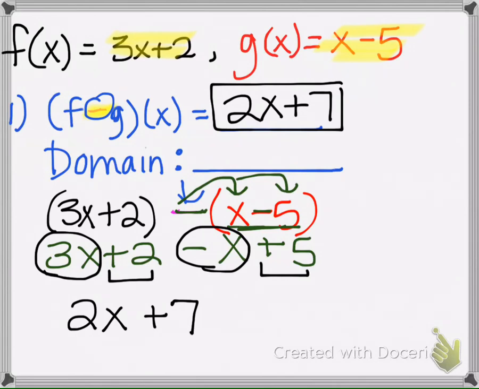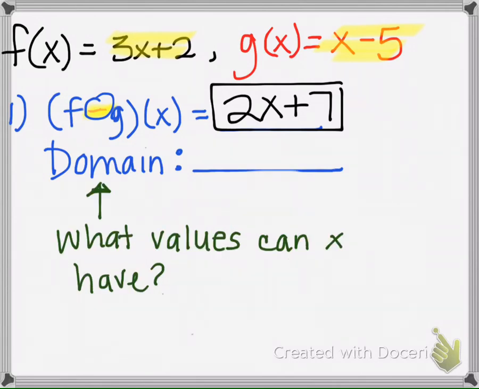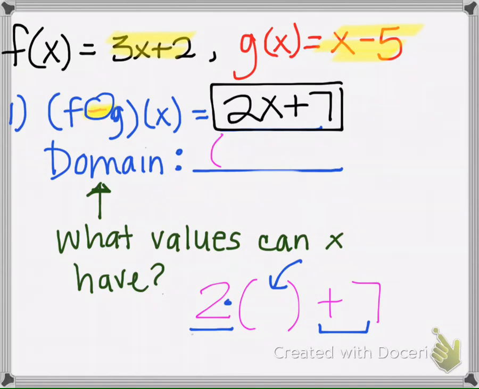Okay, now we are asked to find the domain. So remember, domain is what values can x have. So our function is 2x plus 7. We have to think about what numbers can we plug in for x here, multiply it by 2, and add 7. And hopefully you're thinking any number would work.